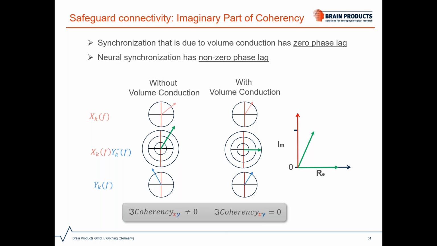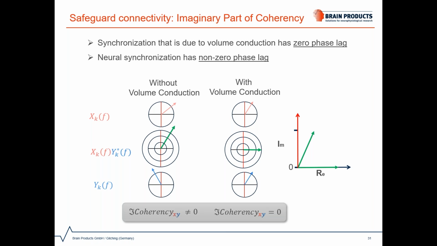This means that the imaginary part of the cross spectrum is also zero. And in its normalized version, the coherency, the imaginary part of that coherency will also be zero. So in conclusion, the imaginary part of coherency will be less sensitive to coherence induced by volume conduction because the corresponding value will be small or close to zero.